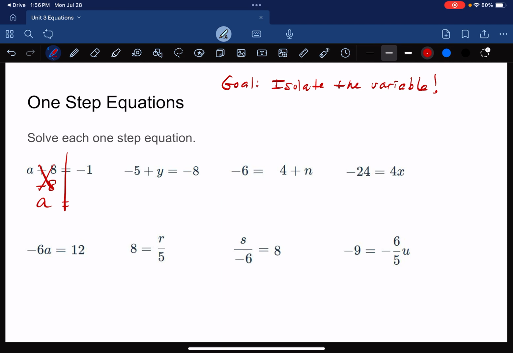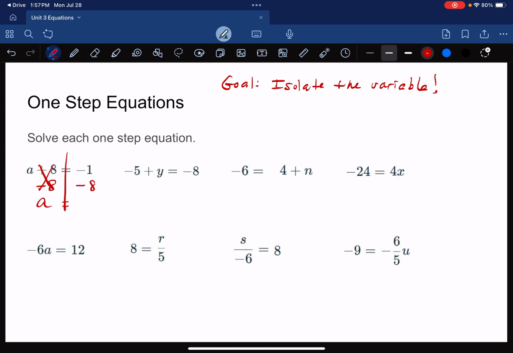The problem is you can't do something to one side of the equation without doing it to the other side, because it just loses balance. So if I'm going to subtract 8 from the left side, I need to subtract 8 from the right side. And so this says to me, I'm combining a -1 and a -8. It's the good guy, bad guy thing.